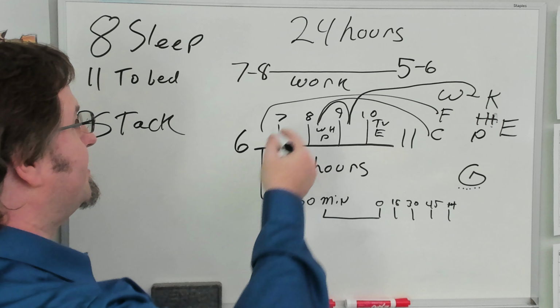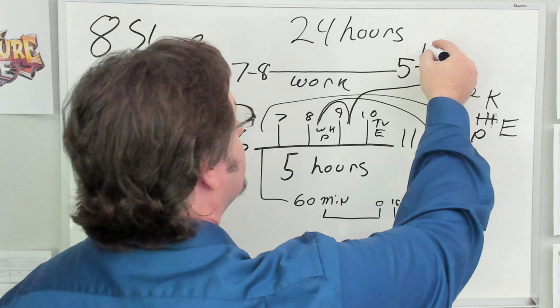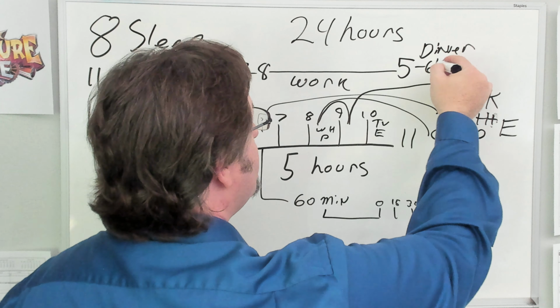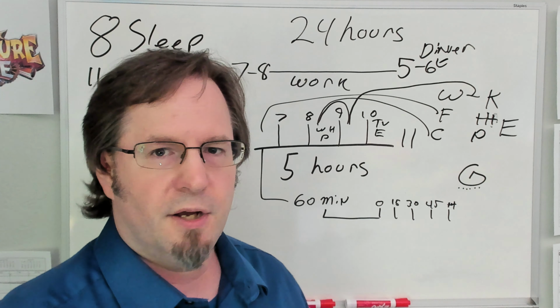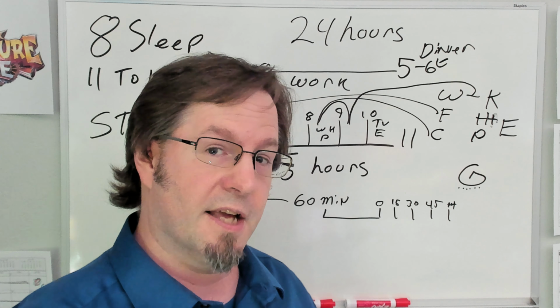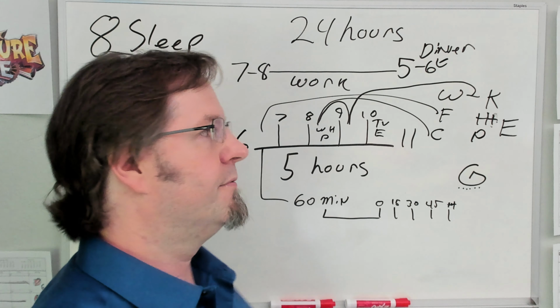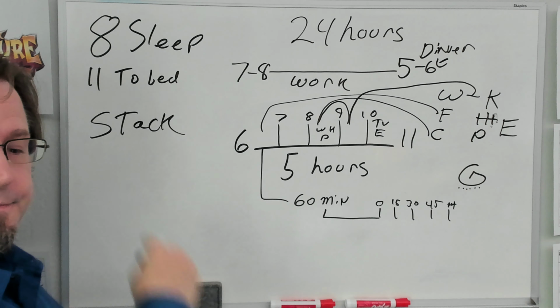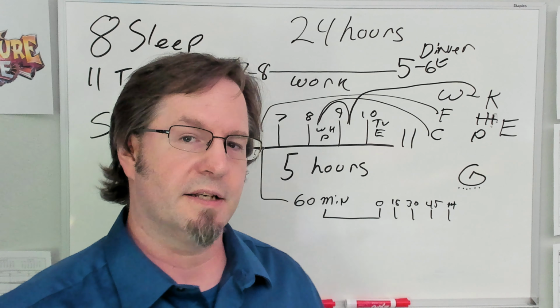So you now have stacked in here dinner with your commute even, because it's cooking while you're on your way home. So you don't even have to be there for sometimes for these things that you can stack to fire off. So you've got that. So there's stacking. That's how you can maximize that time.